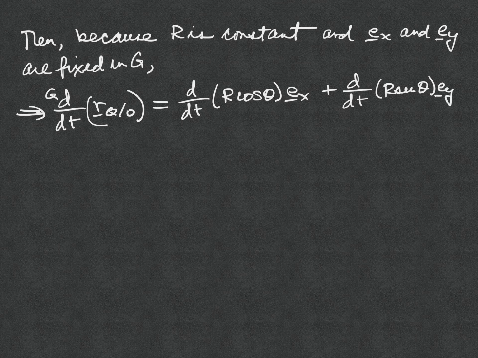I haven't factored out the R yet, but R is constant. And the reason that it's simply equal to what I have here in the last expression is because these two vectors, EX and EY, are fixed in G.